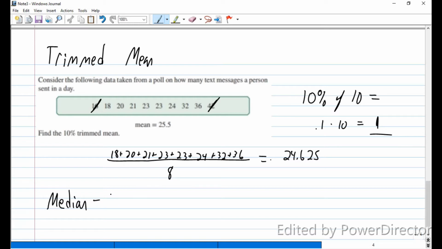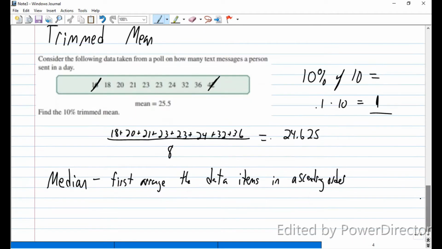So first, to find the median, arrange the data items in ascending order. All right. Then the median is the middle data item.